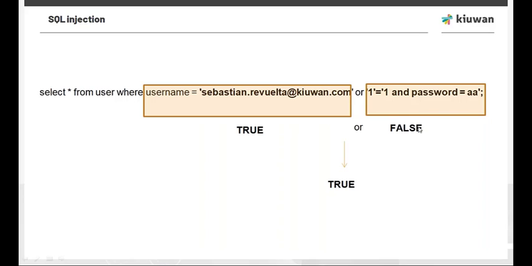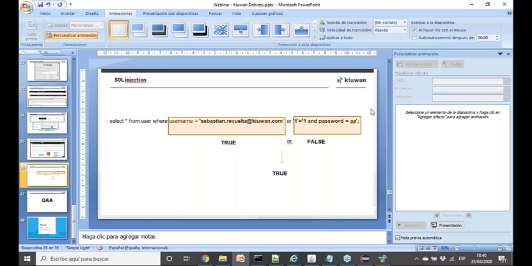So even if it is false, if I do true or false, then the result is true. So I will access the application regardless of the password. If I write here maybe BB or CC, it will access the application again. So it is a good practice to verify each input that comes from the user.